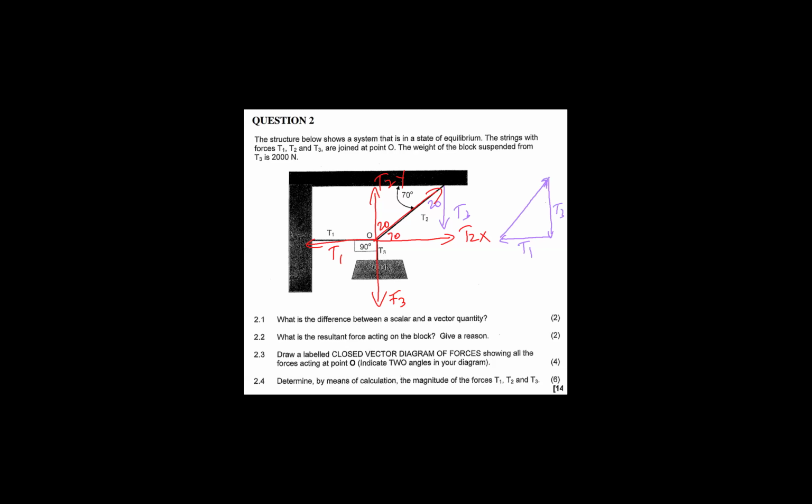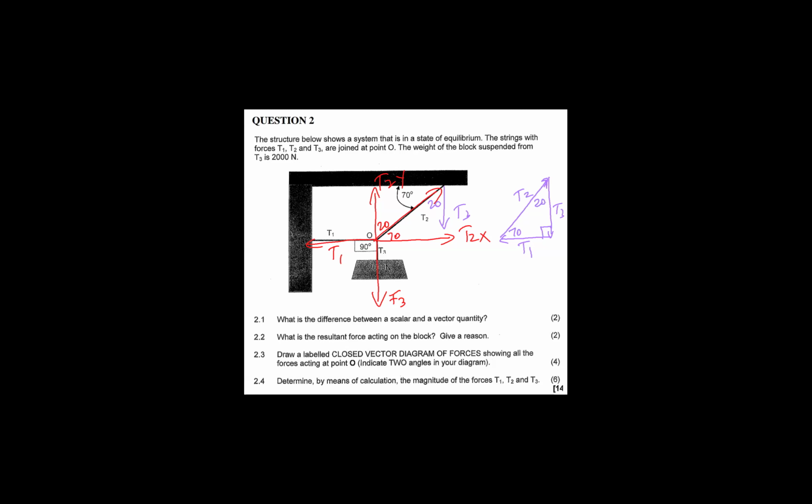And this is T2. So we said the angle between T2 and T3 is what? It's 20. Yes, 20. Yes, 70.